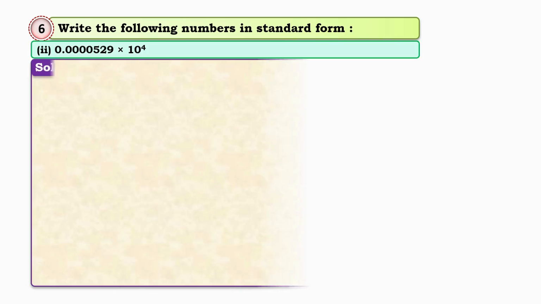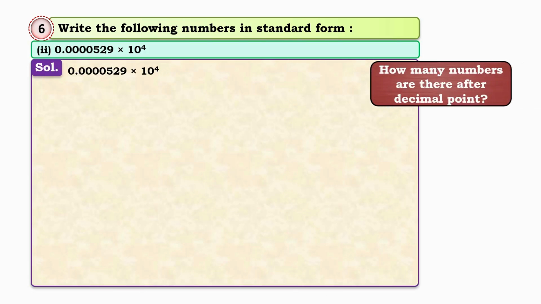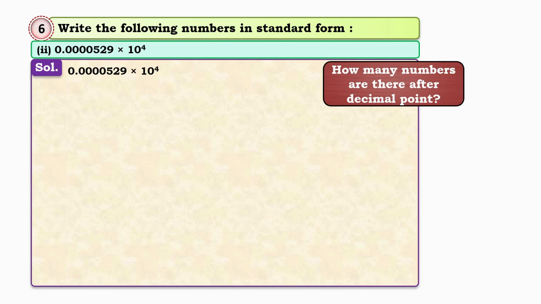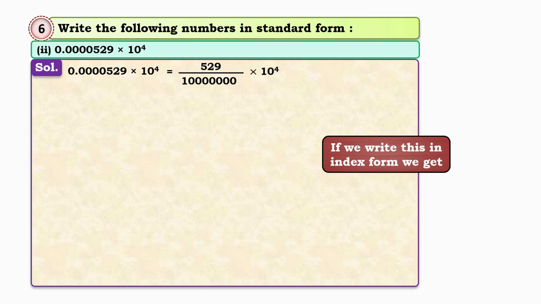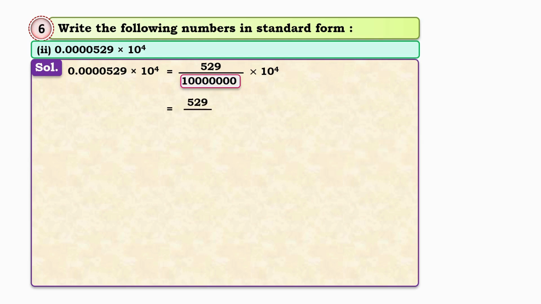Now next question. Now here we need to count the total number of digits after the decimal point. There are total 7. Now we need to write it in the index form.